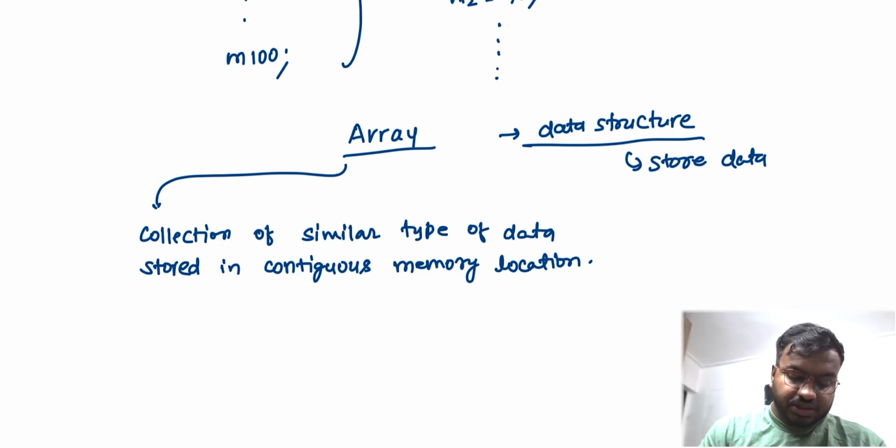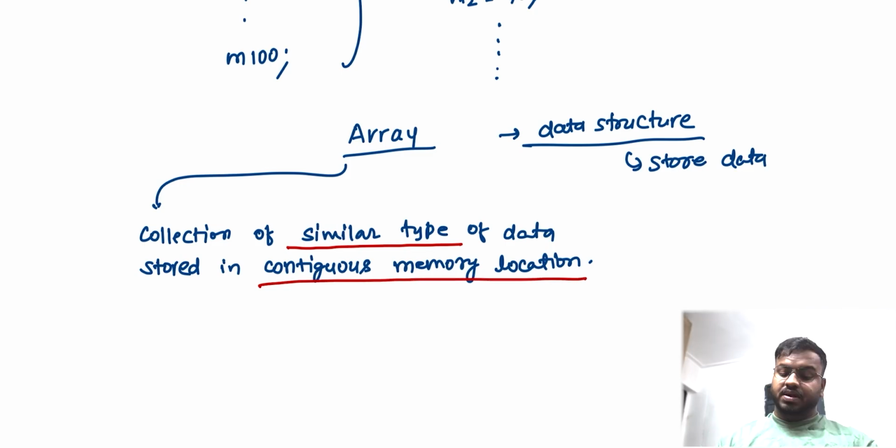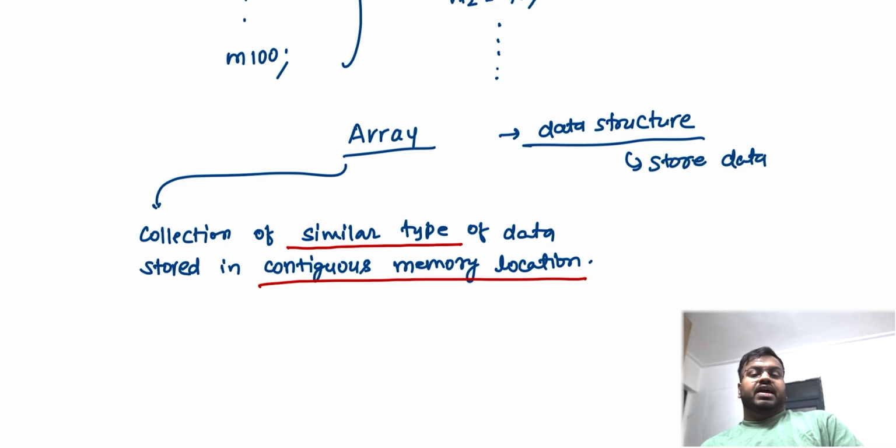Two things are very important in this definition. First is similar type, and then contiguous memory location. We will discuss them one by one. With the help of arrays, we can store multiple values at a single place. You are going to declare one array, and in that particular array you can store multiple values.